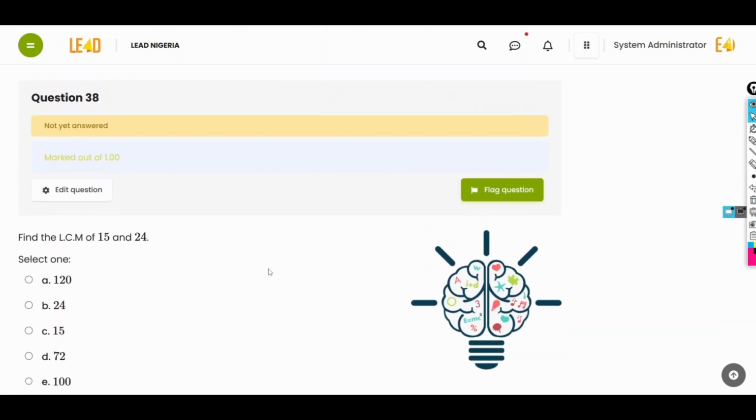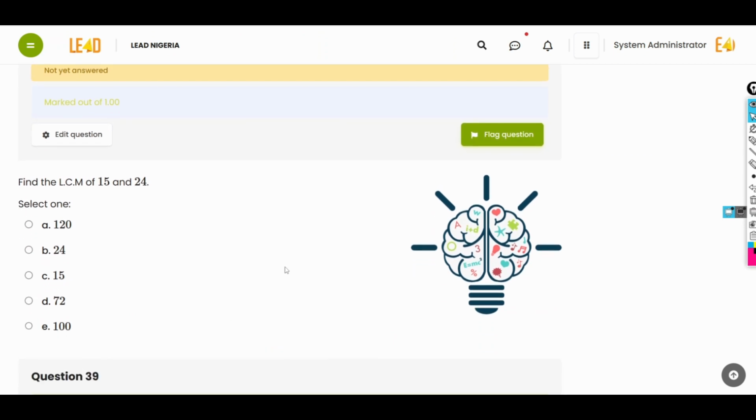Okay, 38 says find the LCM of 15 and 24. All right, so I can use 2.